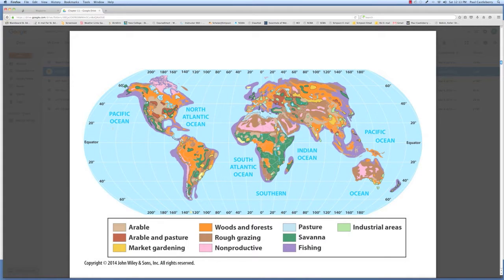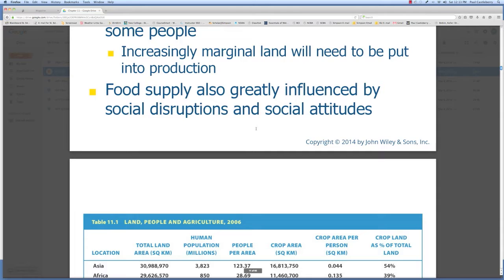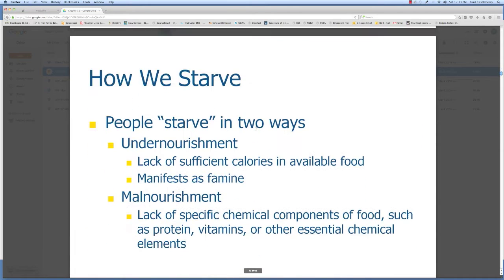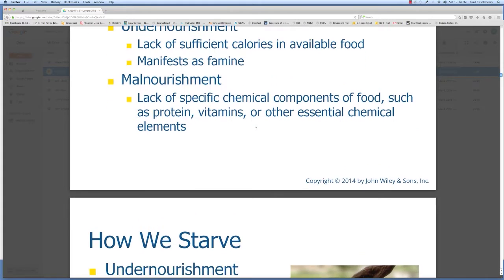You see a large portion of the continent of Africa is made up of savanna, and then you see woods and forests making up another portion of it. Is it even possible in the non-productive areas, such as the desert areas, that we could produce some sort of species of crop that would help local sustainability? We'll talk about that when we start talking about GMOs.